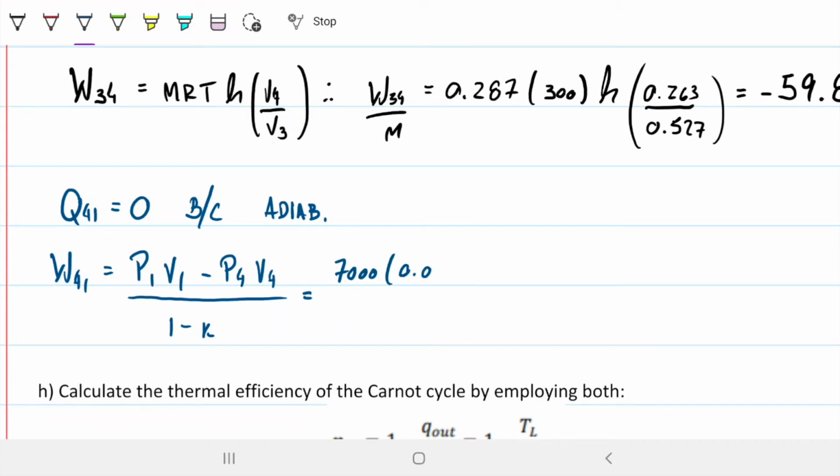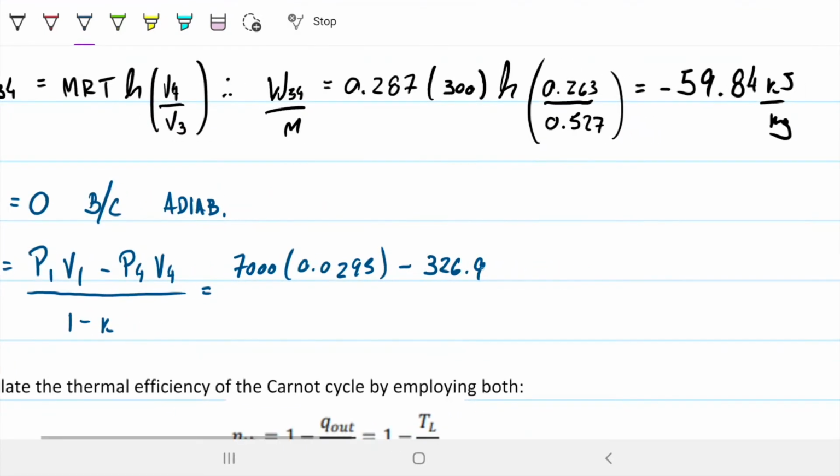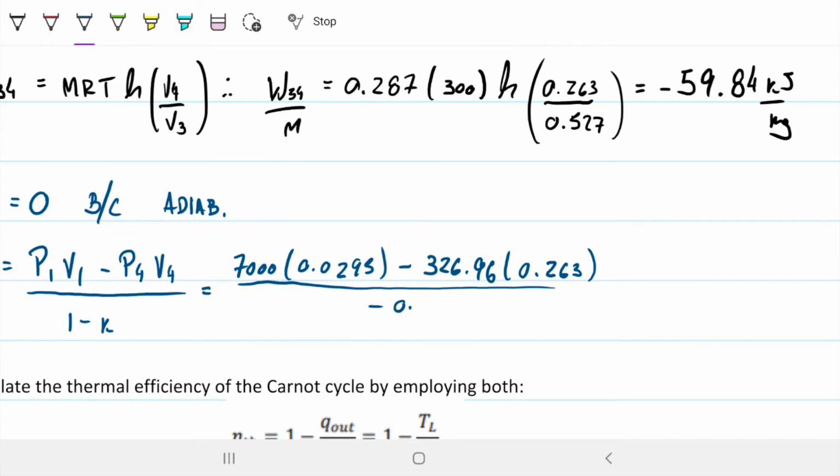V1 is 0.295, minus P4, pressure 326.9, and the volume is 263. Cool beans. And then divided by 1 minus 1.4.